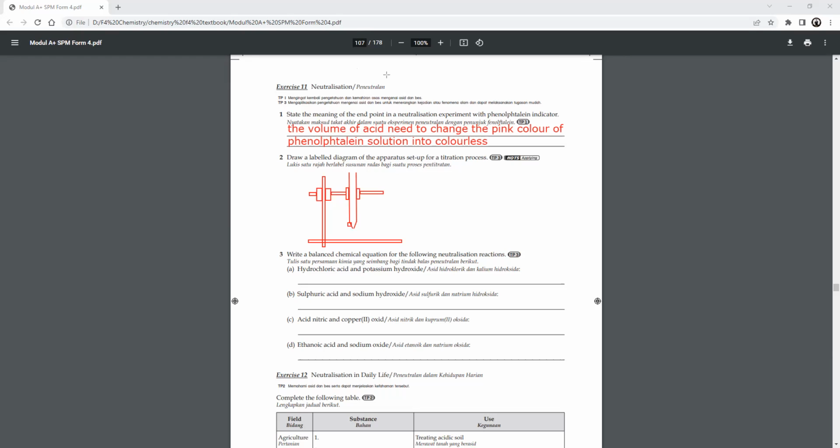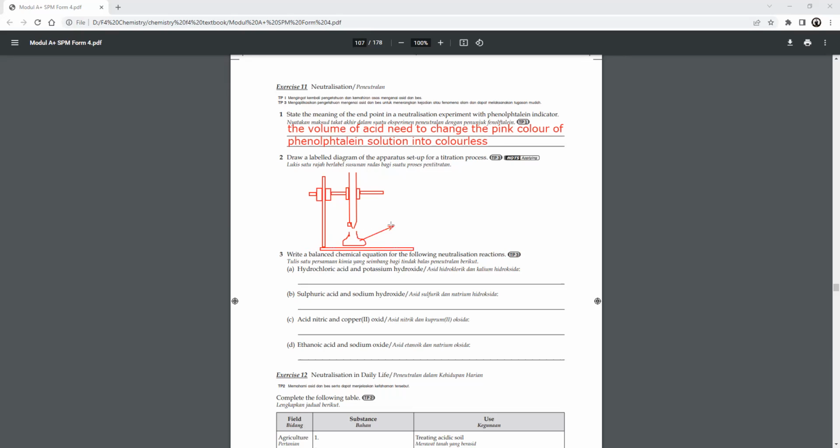You do the titration before? This one, move it down a bit. Do you do the titration before? Inside. All right. This is what we have.